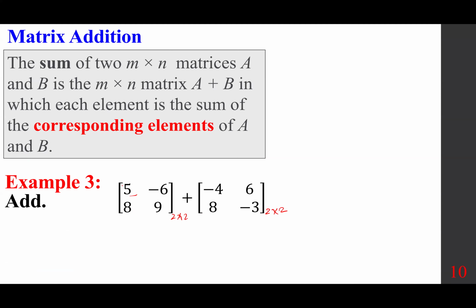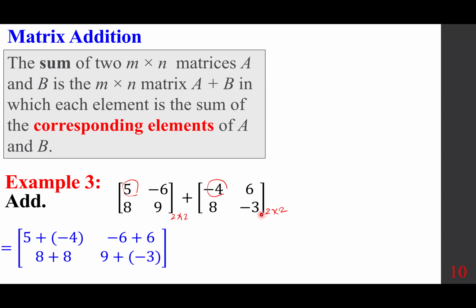So 5 will be added to -4, and the rest of them accordingly: -6 and 6, 8 and 8, 9 and -3. So when we do that, this becomes 1, 0, 16, 6. That's how you add them.